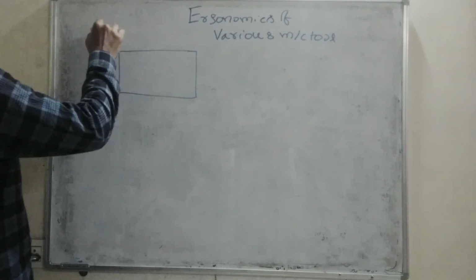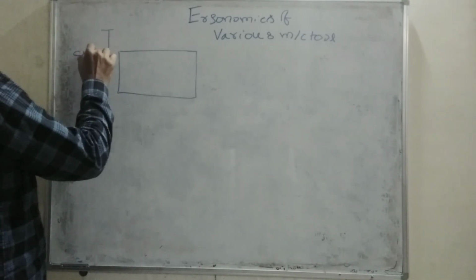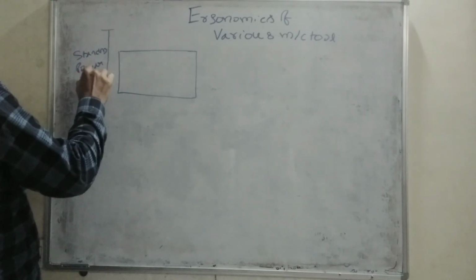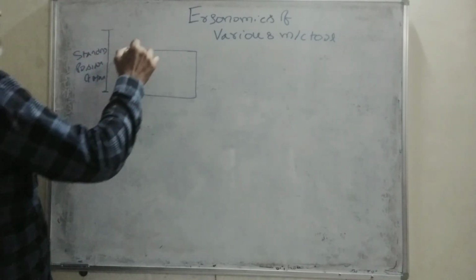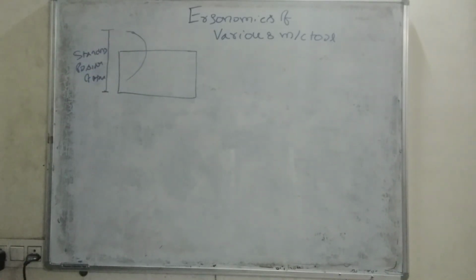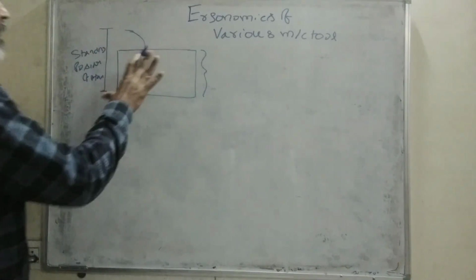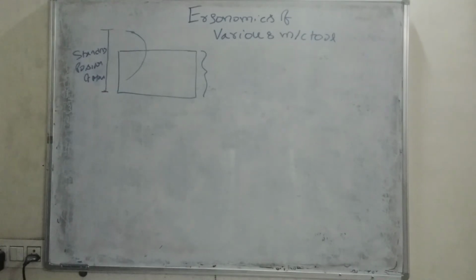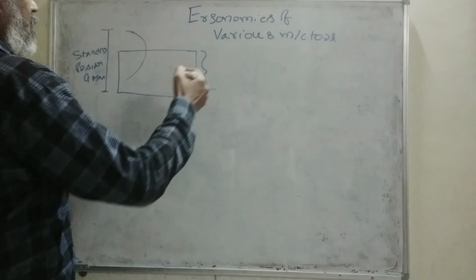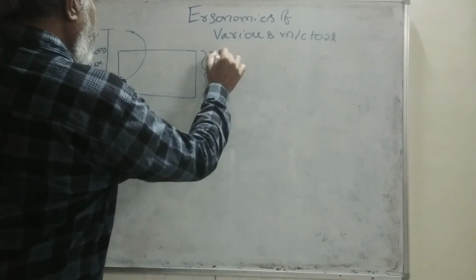So the standing position of the human being, the reach of his hands, the movements of his hands, and the machine tool size should be within this particular reach. So you can decide what could be the height of the machine tool.